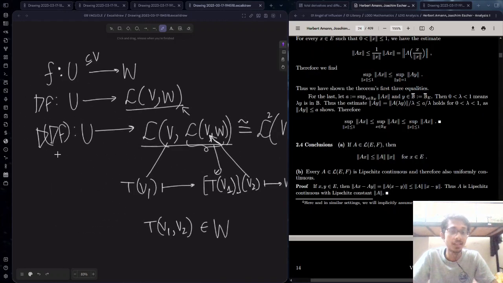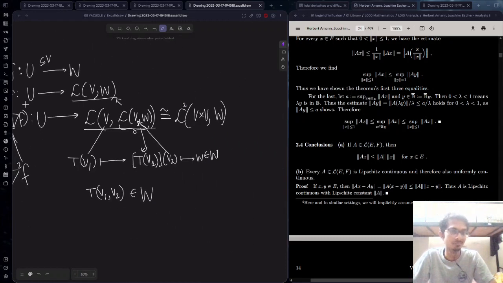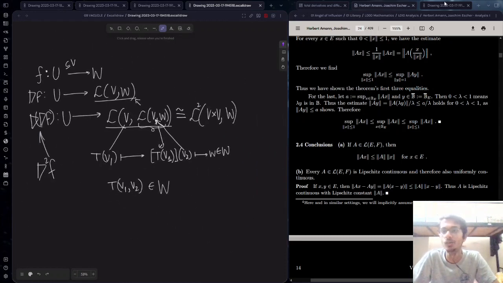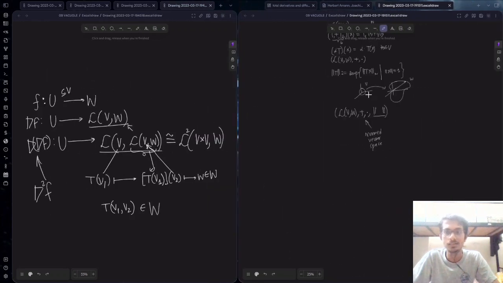So now we can use that definition to define what is the second derivative of f. What the tensor product does is just make this a whole lot simpler.